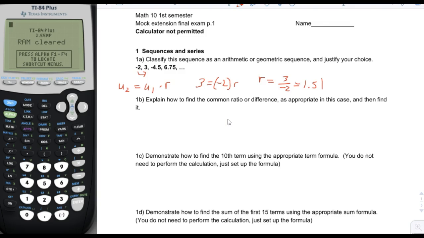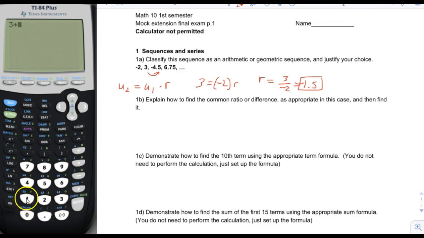So if that's the case, we should be able to take -1.5 and multiply it times the second number, which is 3, and we should get the next number. So 3 times -1.5 is equal to, let's use the calculator.